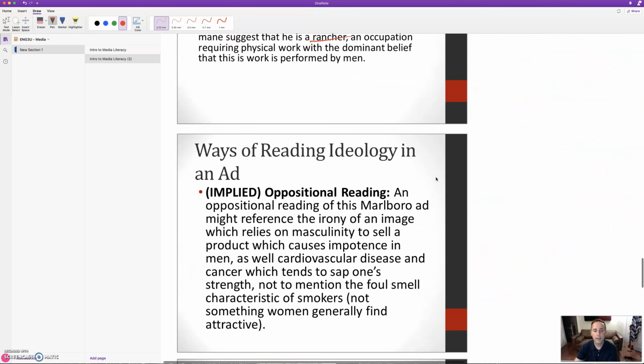Well, we don't really like this reading, because in this case it's a bad product. You can't really make cigarettes good. So how would we come against Marlboro cigarettes?